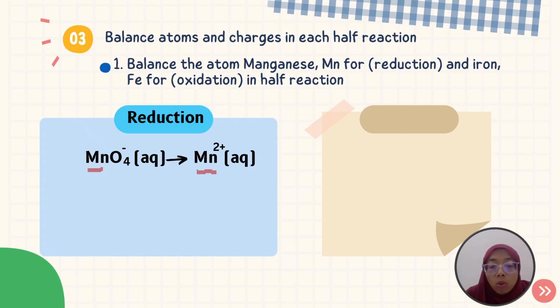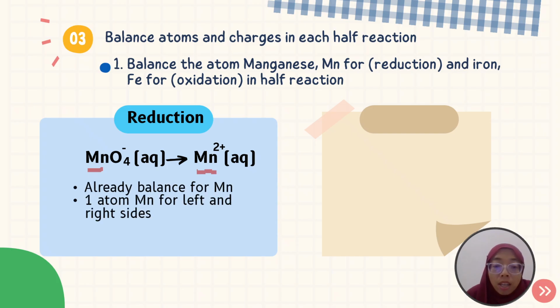Okay, so how do we determine the amount of atoms? We look at the stoichiometric amount and the subscripts. So there is one atom of manganese on the left side and right side. So the atom manganese is balanced already.